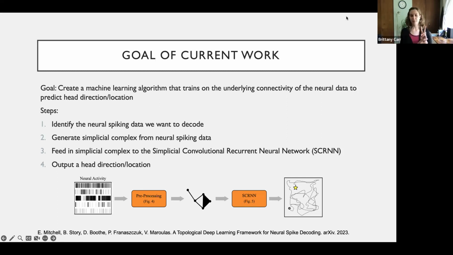We want to generate a simplicial complex from the neural spiking data. We want to feed that simplicial complex into the simplicial convolutional recurrent neural network structure, which for short we'll call the SCRNN. And then we want to output a head direction or location. So this is just the overarching view. We're going to go through each of these steps individually. If you have questions, let's see if my slides answer them, and we'll go from there.